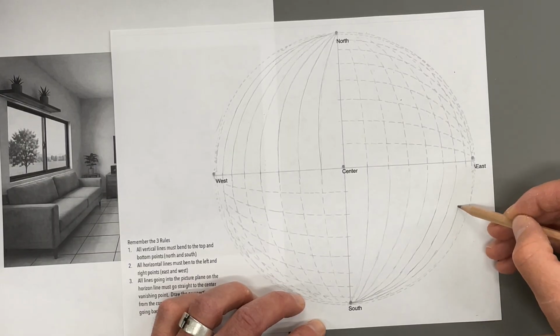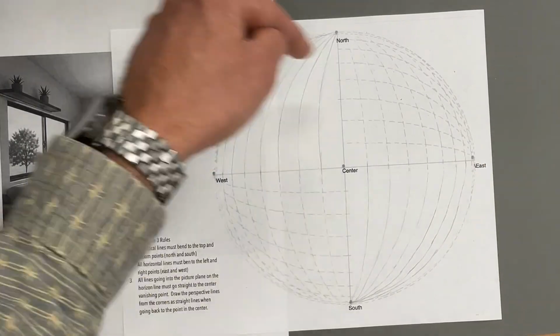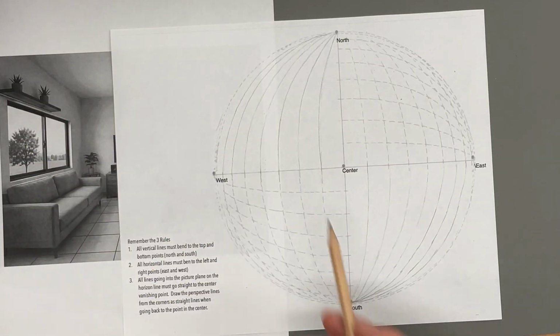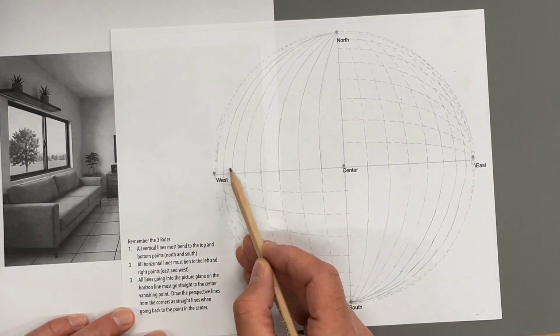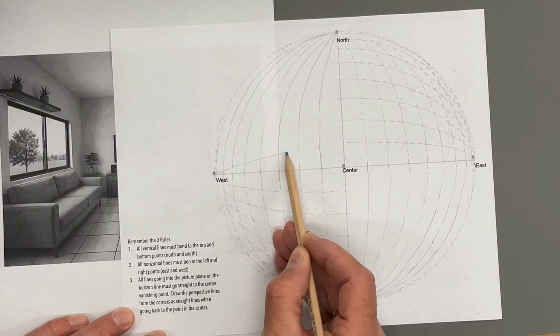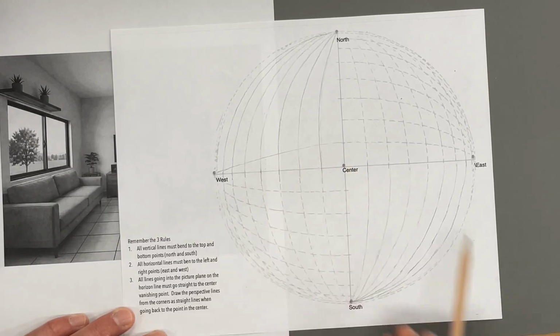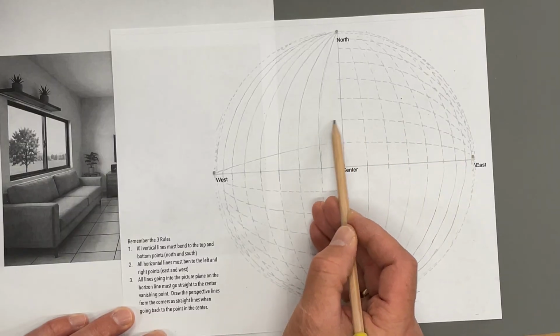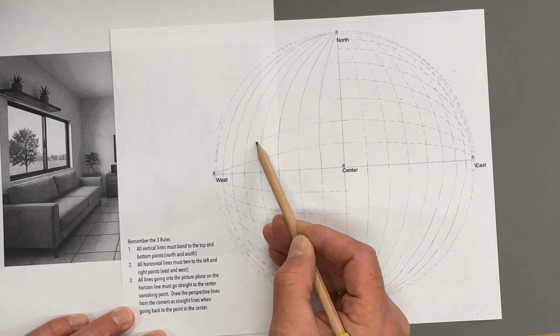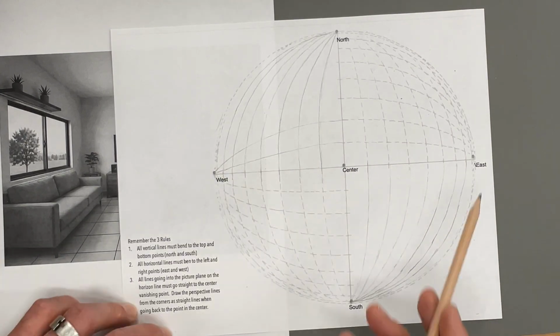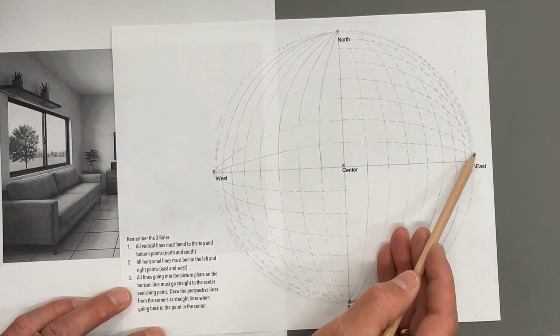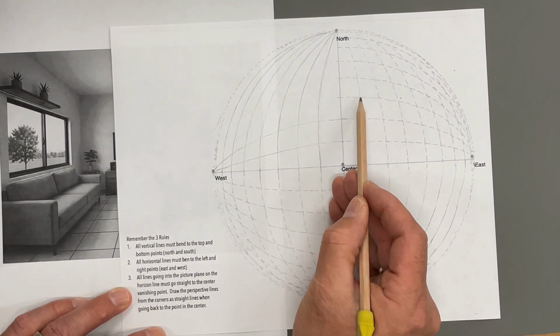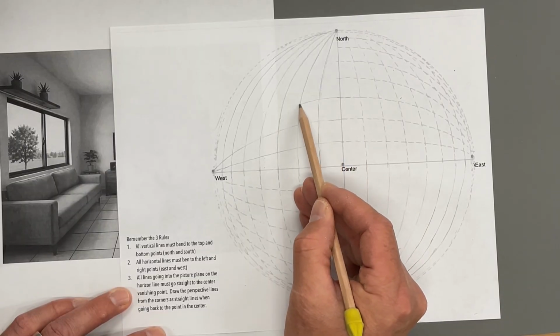Okay, so now that we have that, all we have to do is now finish it by going horizontal. So I'm going to start here in the west and go all the way here to the east. Now you can see it was going this direction, and it continues like that. If it's helpful, you can start it here where the line is already traced, already drawn, and just go this way.